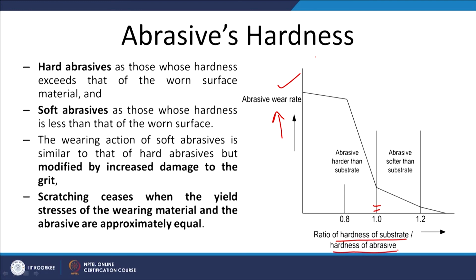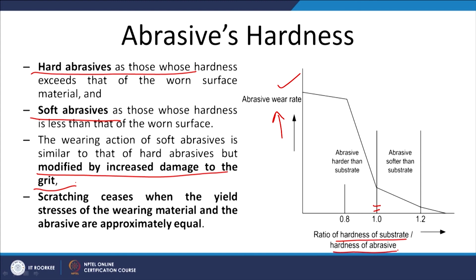This is what has been detailed here in this slide. Hard abrasives are those whose hardness is greater than the workpiece hardness, and soft abrasives are those whose hardness is less than that of the workpiece hardness. The wearing action of the soft abrasive is similar to that of the hard abrasives, but it is modified with increased damage to the grit size.